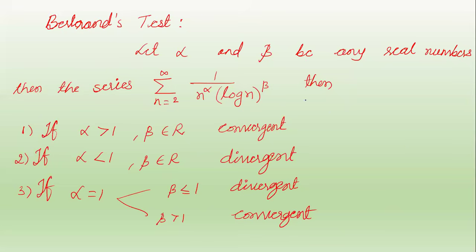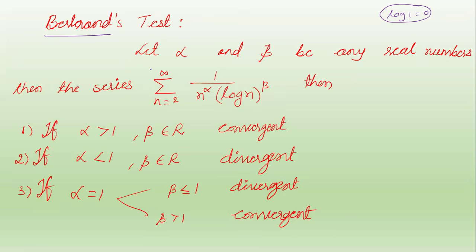Next, by using Bertrand test, let alpha and beta be any two numbers. Then the series summation n equals 2 to infinity, because log of 1 is equal to 0, that is why n equals 2 to infinity, 1 by n raised to alpha, log n raised to beta.